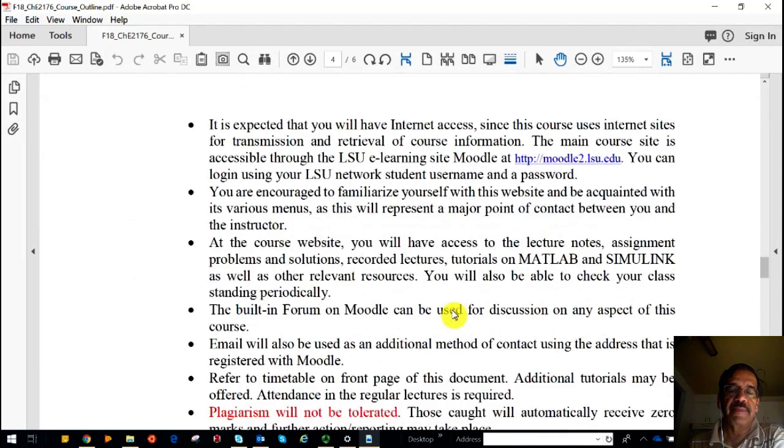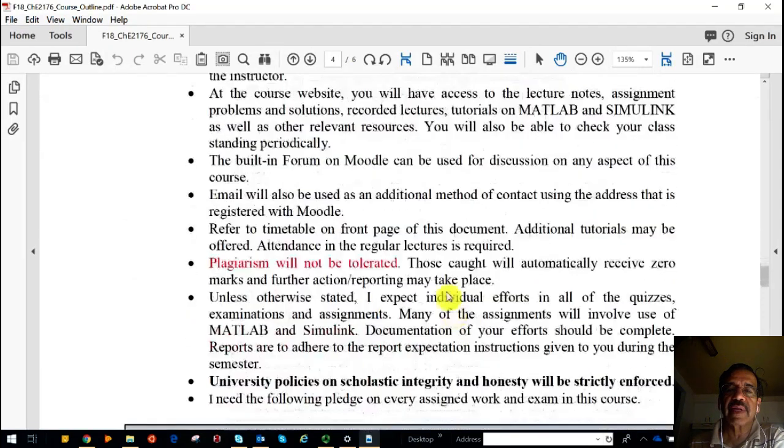Okay, plagiarism will not be tolerated. That is, those that submit copied work, copied programs, etc., will get 0 in that assignment. And I'm not going to be arguing who copied from whom.